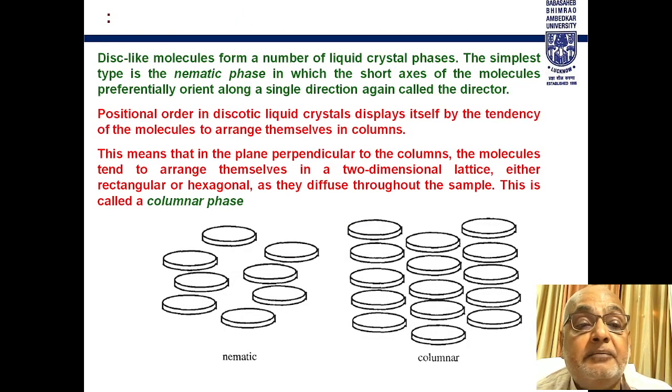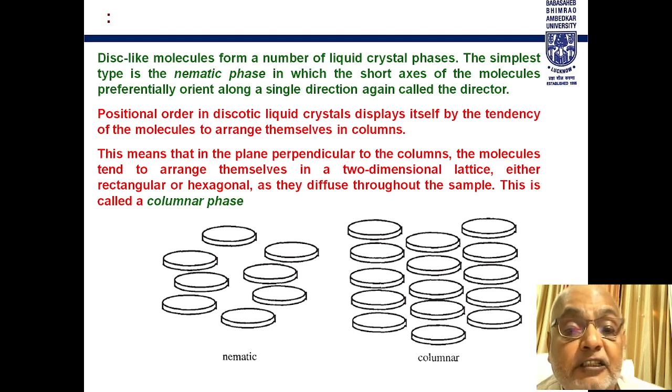Then smectic type. Disc-like molecules form a number of liquid crystal phases. The simplest type is the nematic phase, in which the short axes of the molecules are preferably oriented along a single direction, called the director.